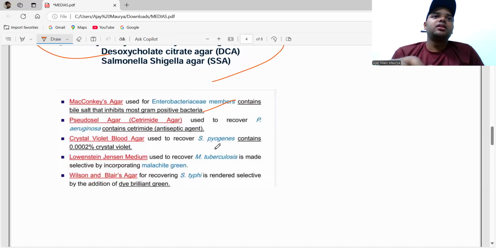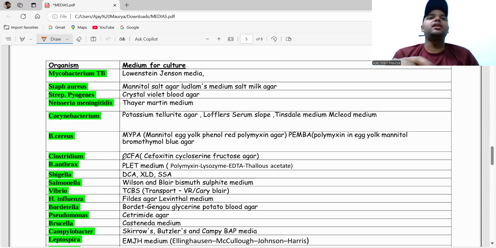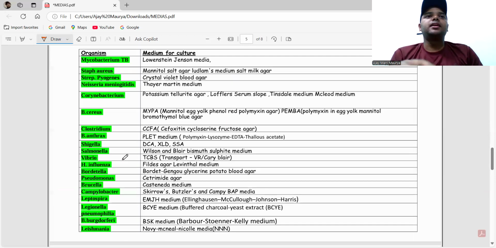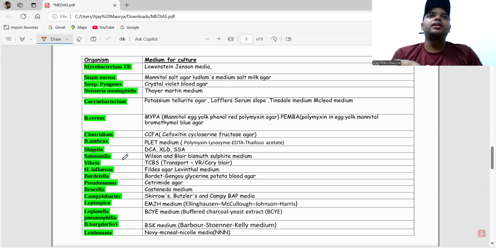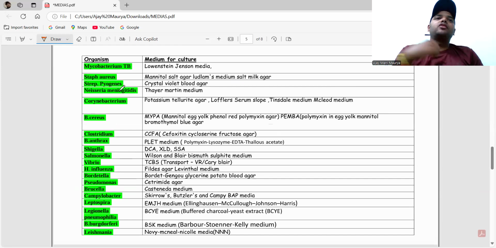I think everyone knows about this one. Don't forget this one. I created all of this in tabular form. Out of these, remember TB, meningitis, Corynebacterium, Clostridium important, anthrax is important, Salmonella important, Vibrio is important, Campylobacter is important.